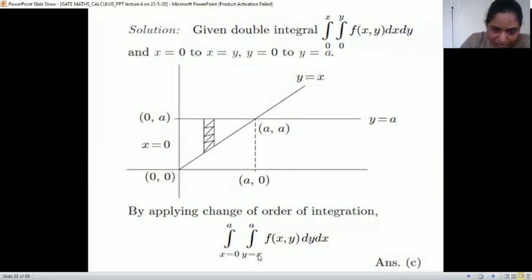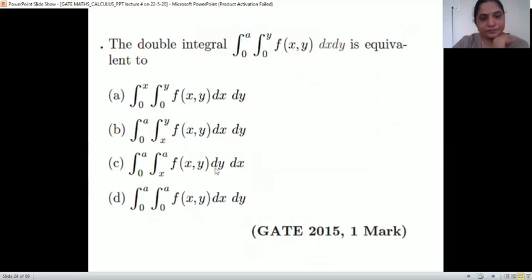So lower limit is x, upper limit is a. Now rotate this strip in this region. The lower end is x is 0 and the upper limit is x is a. So the changed integration is x is 0 to a and y is x to a, f of x y dy dx. So this is your option number C.